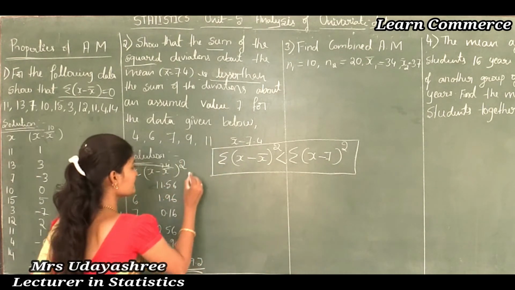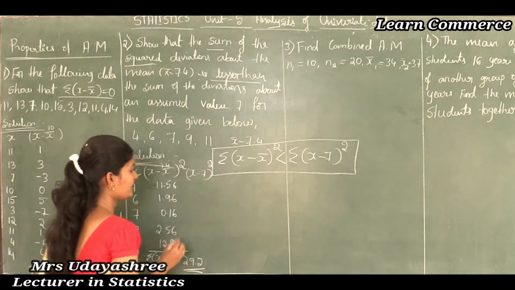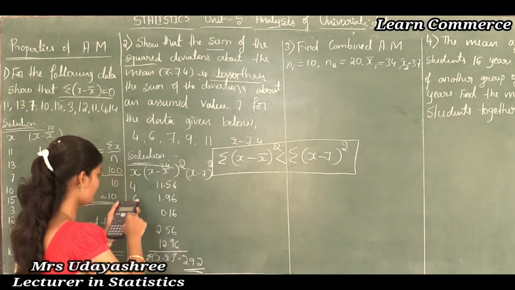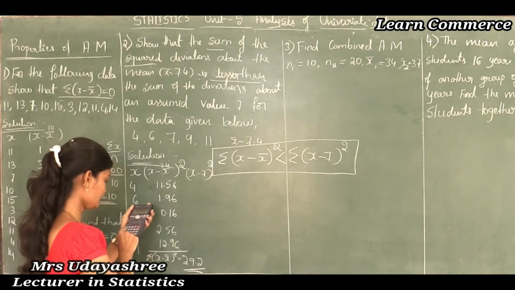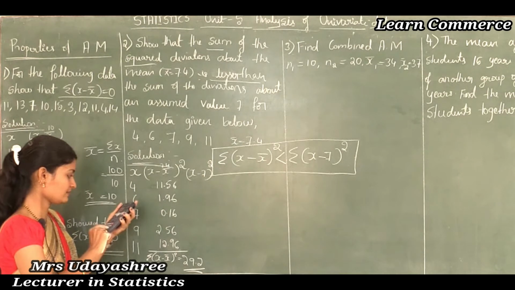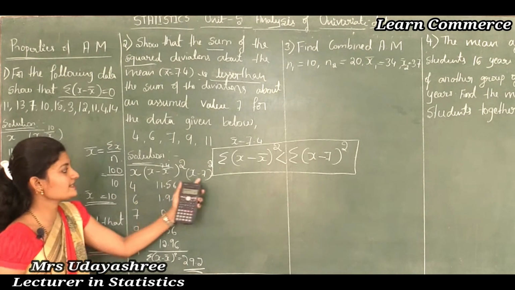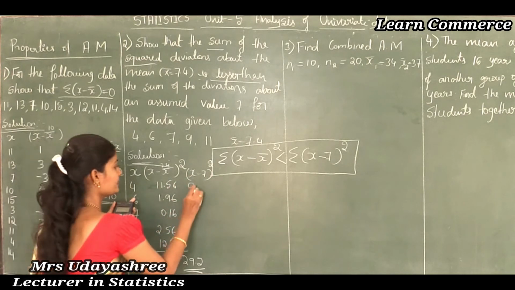The next column is (x minus 7) to the power 2. Here the x value is 4. 4 minus 7 to the power 2 is 9.